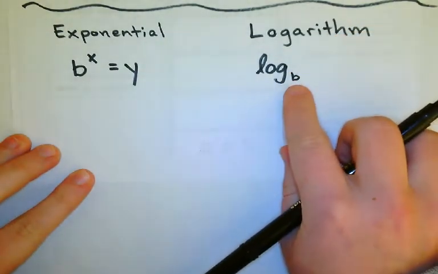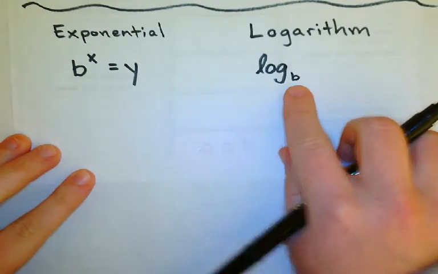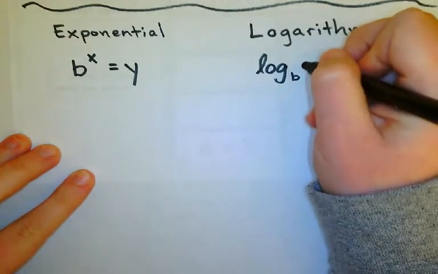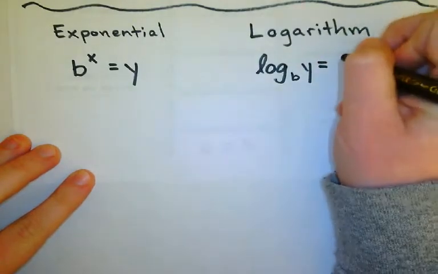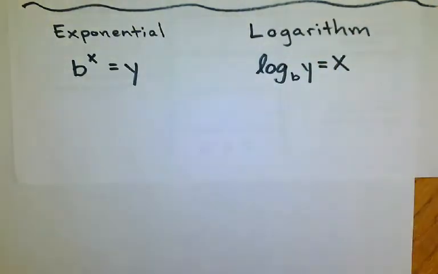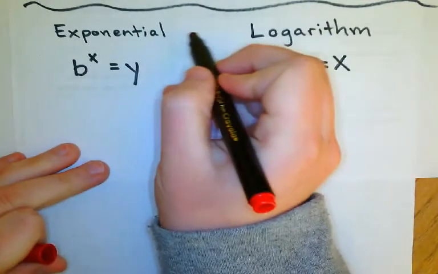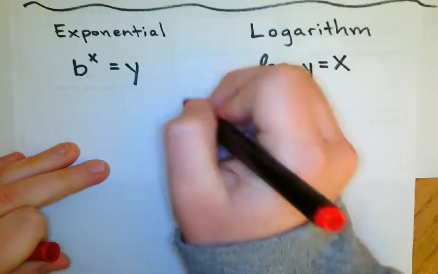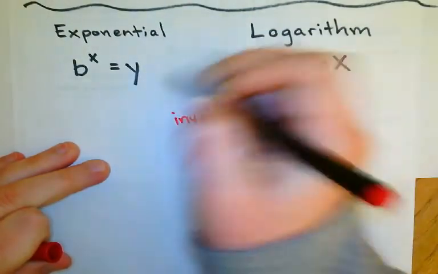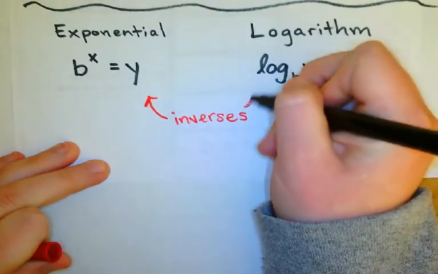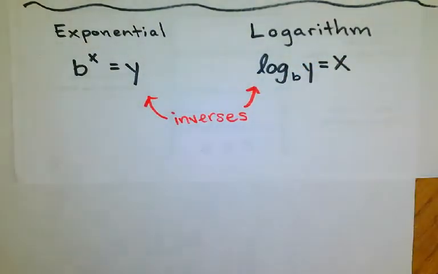That's the base of your log. All right, then we've got y equals x. All right, so these equations are inverses to each other.